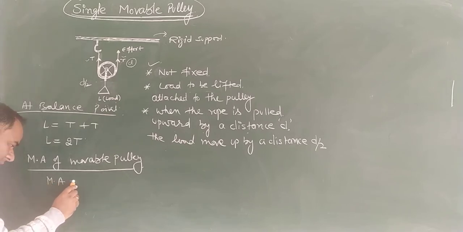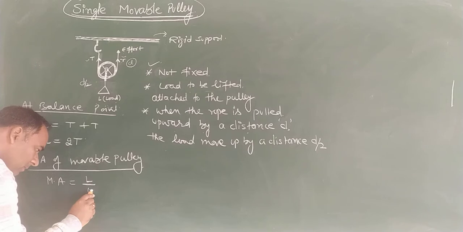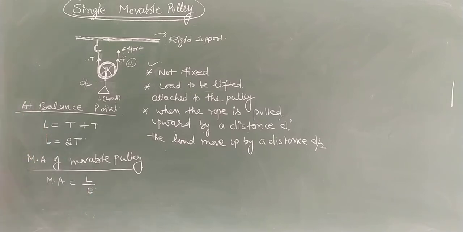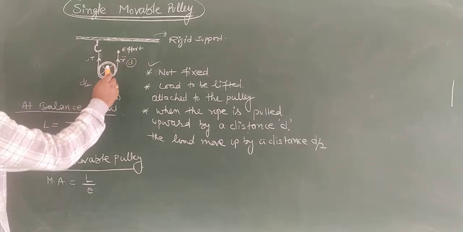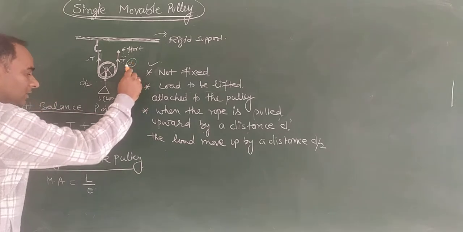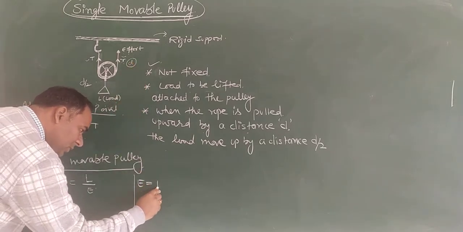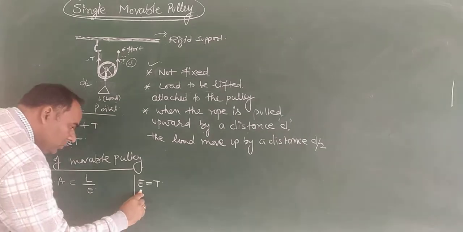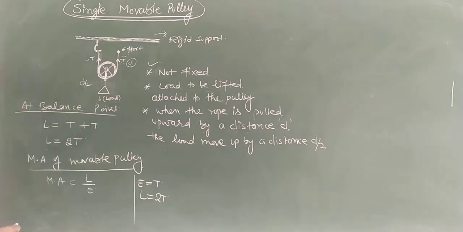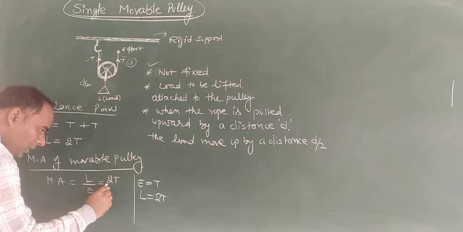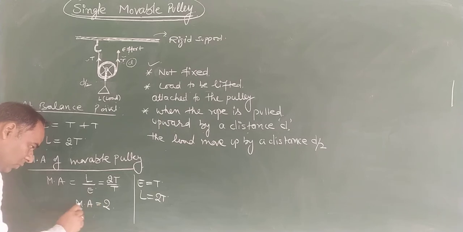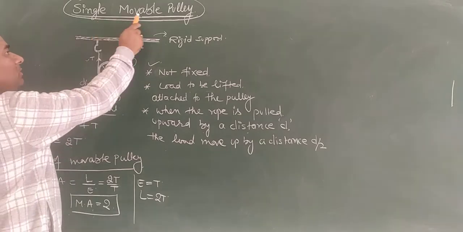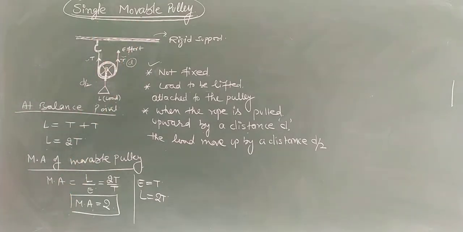Here your effort is T. In this figure, your effort is equal to T and load is equal to 2T. So therefore, load is 2T and effort is T. Therefore, the mechanical advantage in this case is 2. And this is a very important term: the mechanical advantage in case of a single movable pulley is 2.